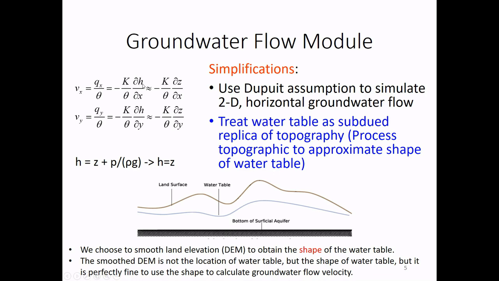We just need to know the difference in h. So we process the topography, and then we get the shape of the water table, and then we use the shape of the water table to calculate our groundwater velocity.